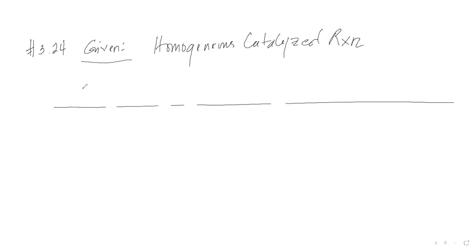This problem is talking about a homogeneous catalyzed reaction, and you're provided with data: the rate values below, and the corresponding concentration of A. The rate has the unit mole per liter per hour, and the concentration must then be mole per liter.